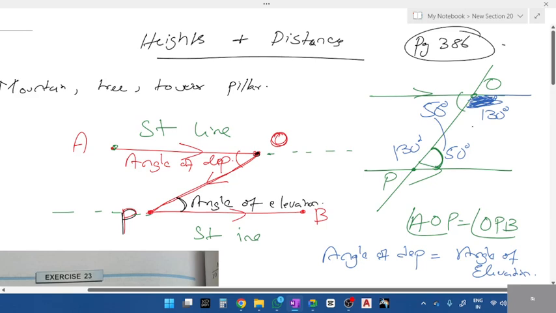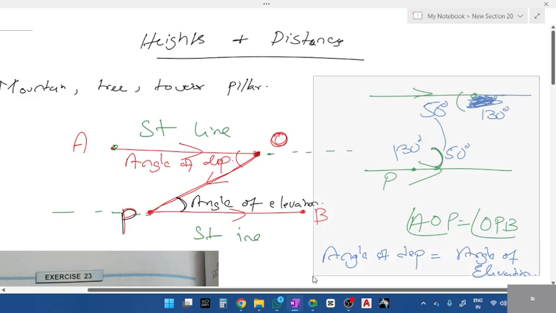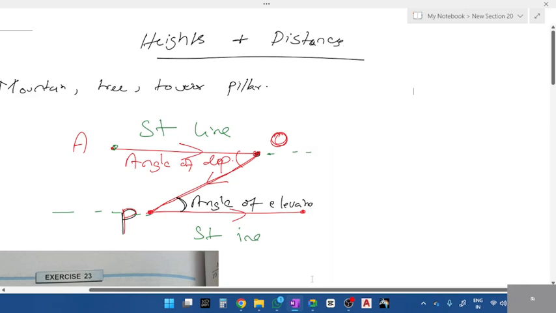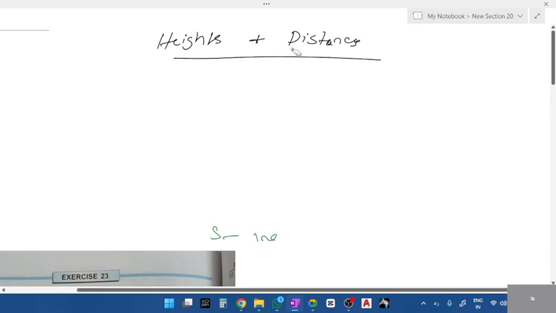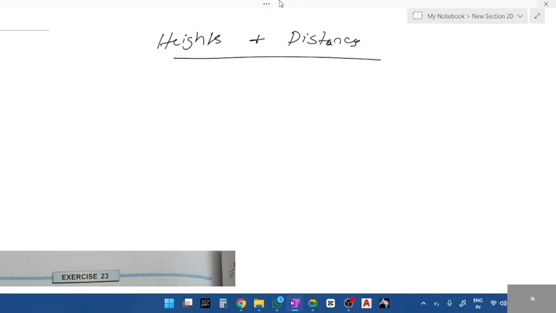Similar to trigonometry, a few questions are easy, a few will be tough, where you'll have to apply two or three angle concepts in one question. Page 386. Next question. Along with this, you have to remember what is horizontal and vertical.